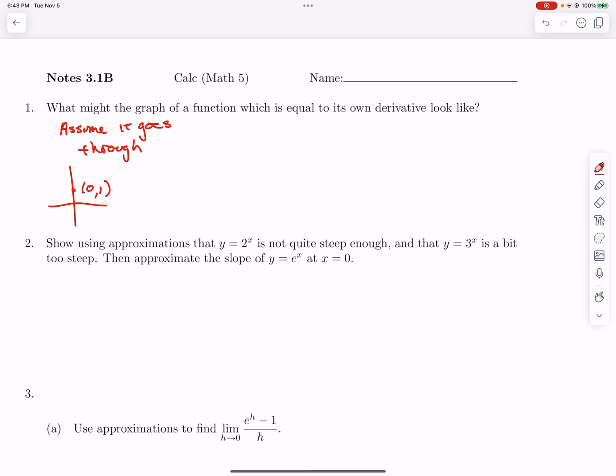If the height is 1, the slope has to be 1. So what would that look like? Well, the next point, if I went over another distance, the value would be higher than 1.